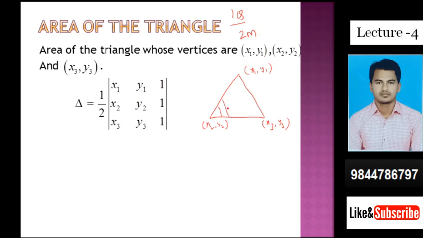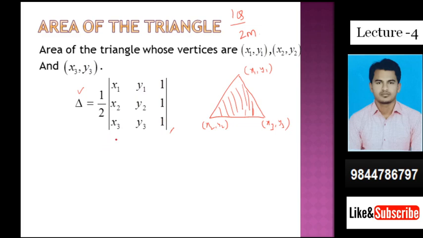I just need to calculate the area of the triangle. So the formula is by using a determinant delta. We can say that delta is equal to 1 by 2 determinant of x1 y1 1, x2 y2 1, x3 y3 1. Okay, so this is the formula to calculate the area of the triangle.